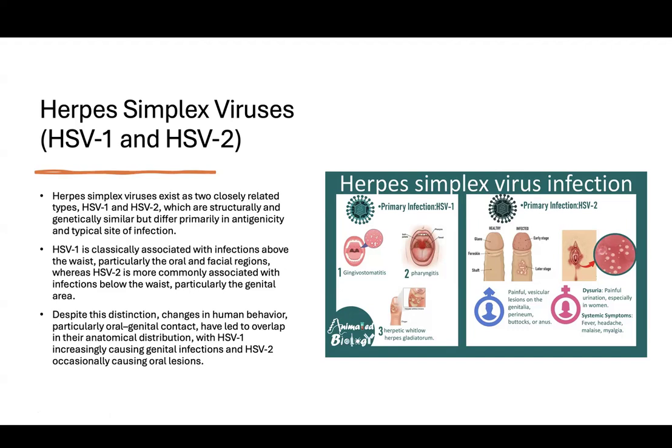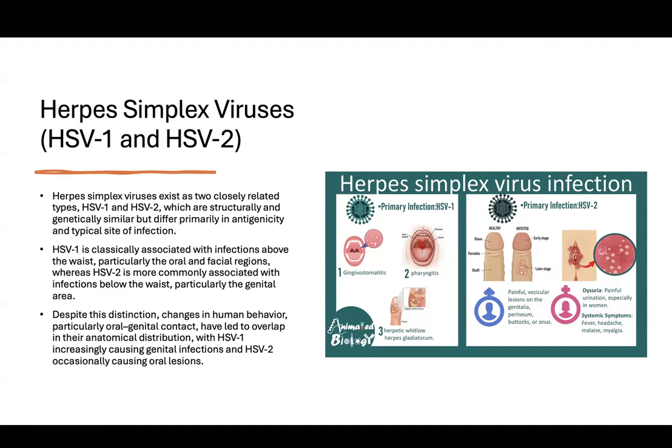But one thing that we technically get to see is that when herpes viruses infect, HSV1 usually prefers to infect anything above the waist, and specifically your oral and facial regions. HSV2 is below your waist, and particularly your genital areas. But this is not a strict rule. It's not that if you have an infection in your face, it means it's 100% HSV1. That is not true.